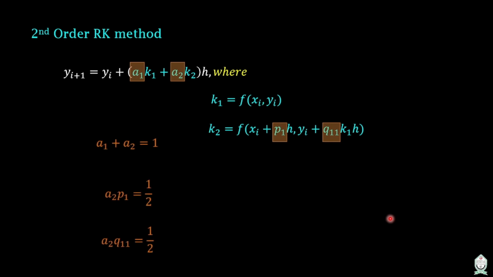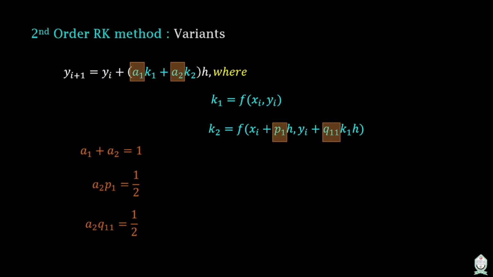These unknowns should have this relationship between them, and if they have this certain relationship, then we can say that this formula is applicable for the second order RK method. This is the generalized form of the second order RK method. This generalized second order RK method can have many variants, and we have already discussed one of the variants.